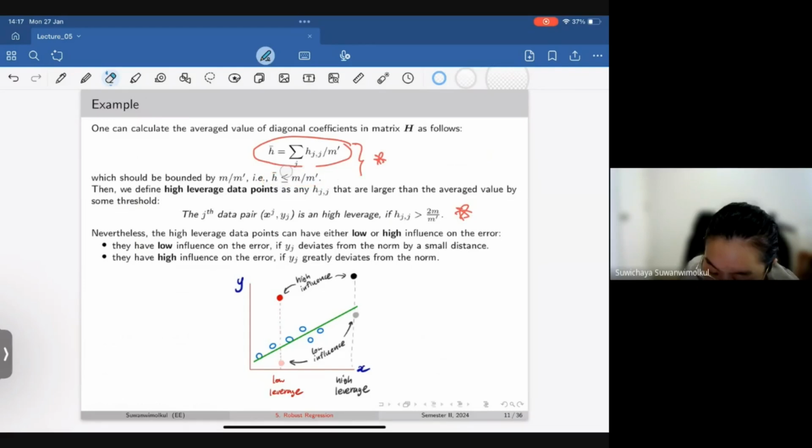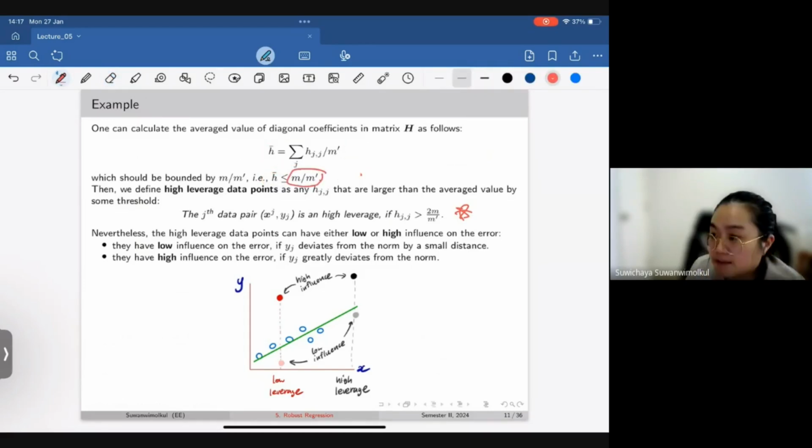But to relax this boundary, because there may be other noise aside from the training and testing not matching together, sometimes they put the threshold by multiplying with 2 to push it up, so that if you find any HJJ that is outstandingly high, you can say that it is definitely a leverage point.